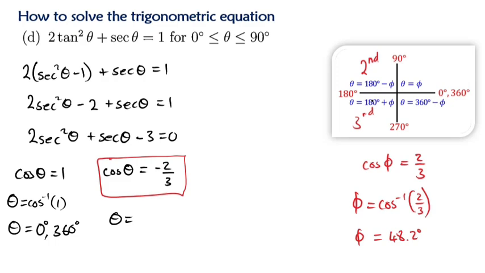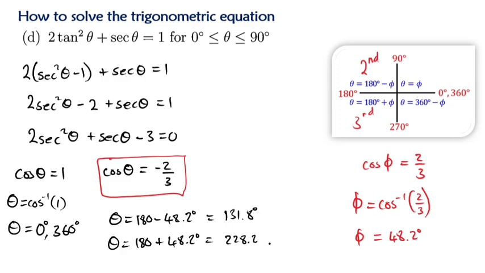That gives us 131.8. So I'll just write it here. I'll say 180 minus the reference angle, which is 48.2. Same thing in the third quadrant. Theta is 180 plus the reference angle, which is 48.2. So what we obtain is 131.8. And in the third quadrant, we get 228.2.